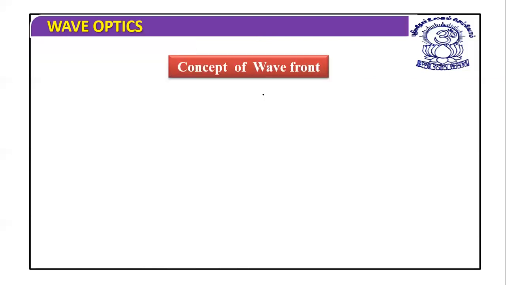Here we are going to assume light as a wave. Let's say this is the source of light, which emits light waves in all the possible directions.